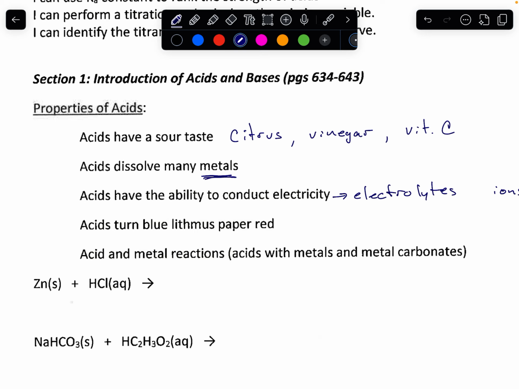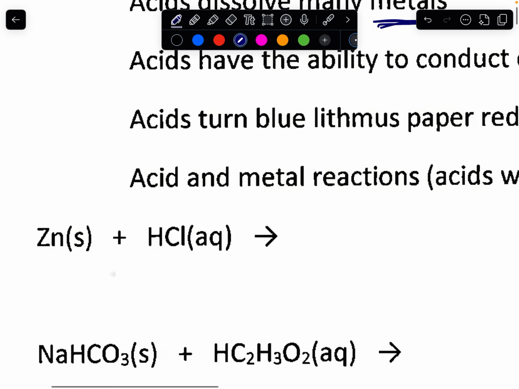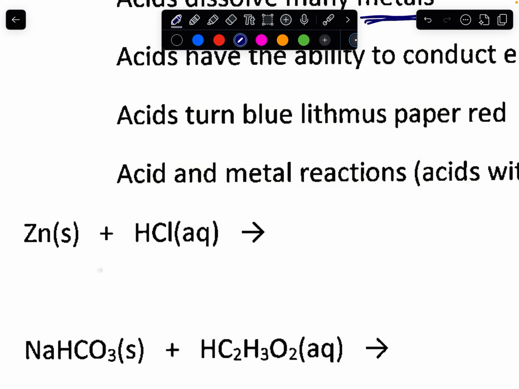Going along with our one above with acids dissolving metals, when acids react with metals, they're going to have a very specific reaction. Let's look at what that reaction is. Down here I've got zinc reacting with HCl. Zinc is my metal, HCl is my acid.